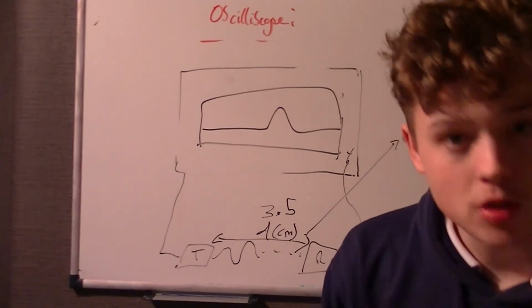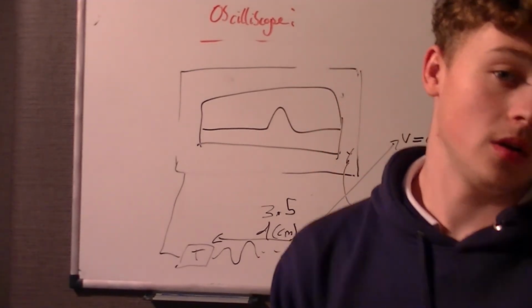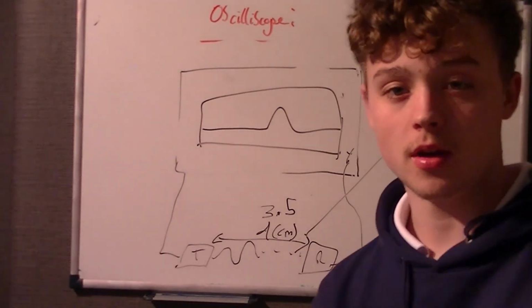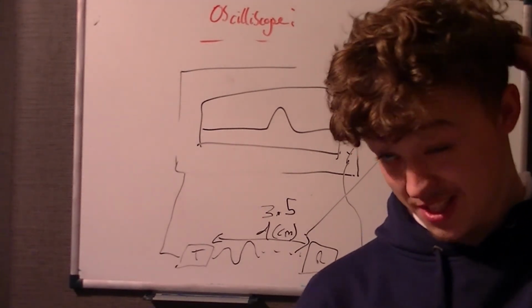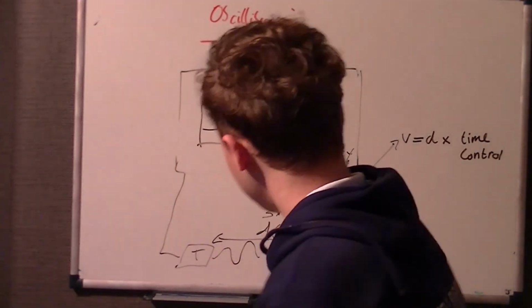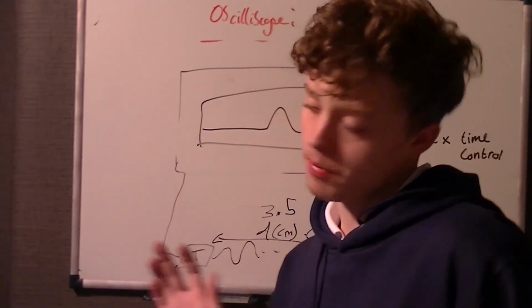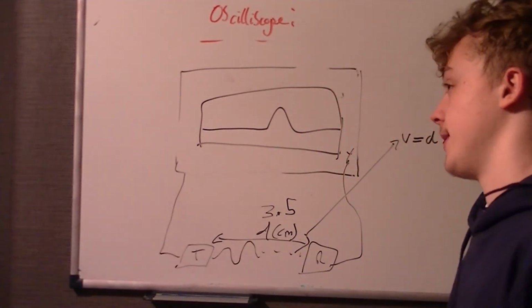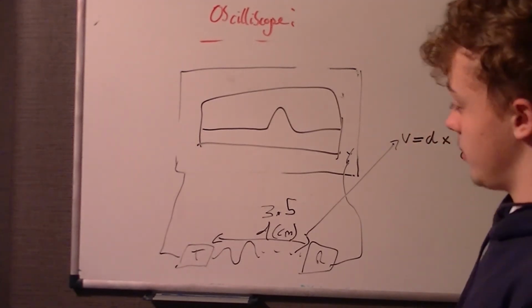To measure the amplitude or the max voltage, you times the amplitude distance on the screen by the Y gain, which is how much each centimetre holds in terms of voltage, or potential difference.